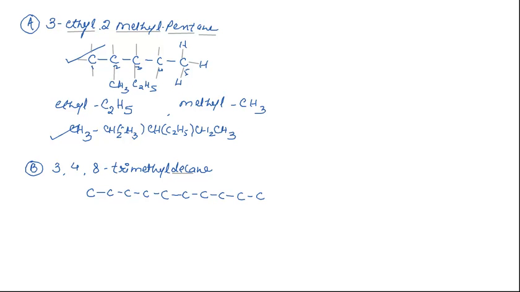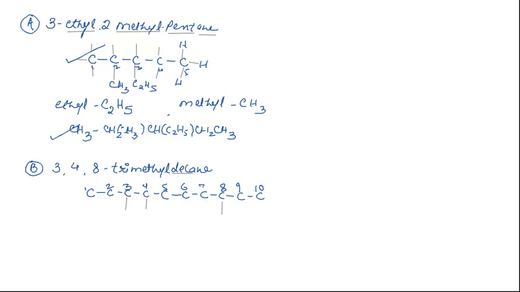Let's start counting from either the LHS or RHS. It is 1, 2, 3, 4, 5, 6, 7, 8, 9 and 10. Now 3, 4, 8: at the third position, at the fourth position and at the eighth position, what are we having?